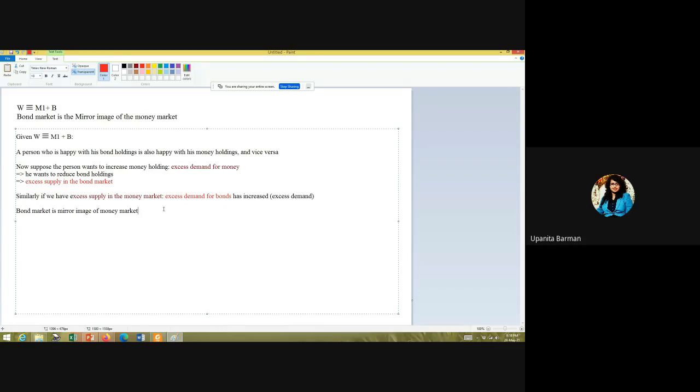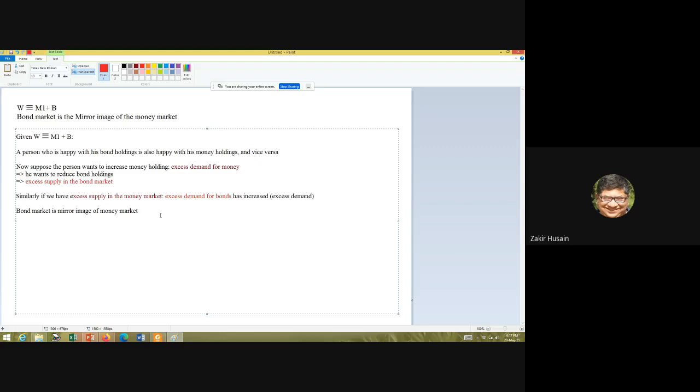Okay. So therefore, if you know what is happening in the money market, then you also know what is happening in the bond market. For this reason, when we have to decide on which market to drop, Keynes argued that we should drop the bond market.